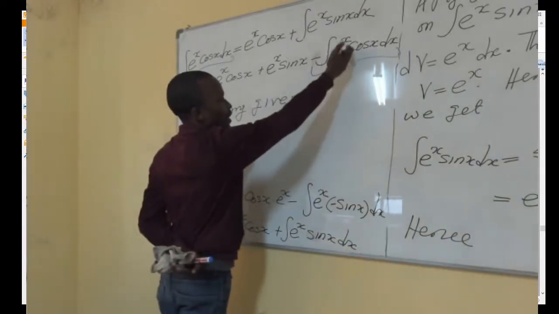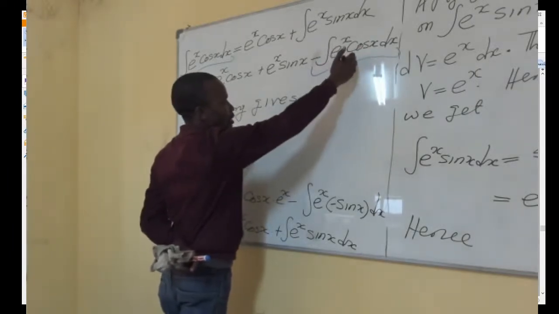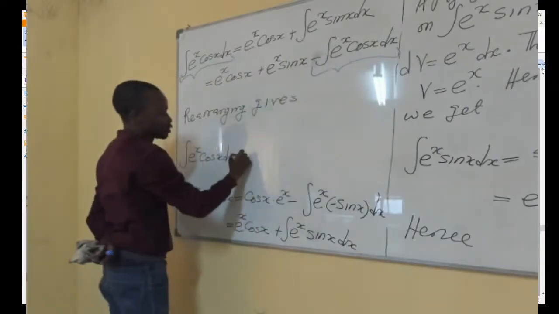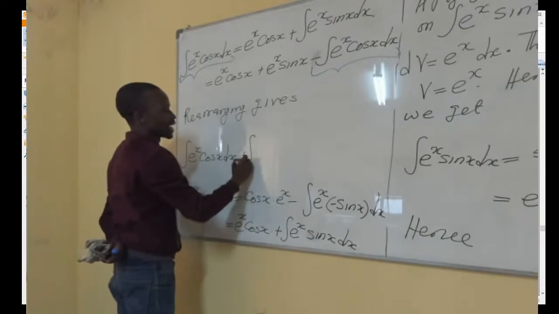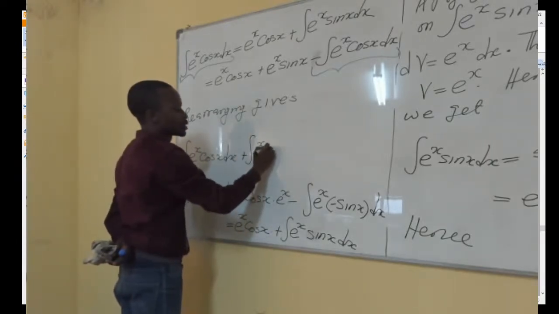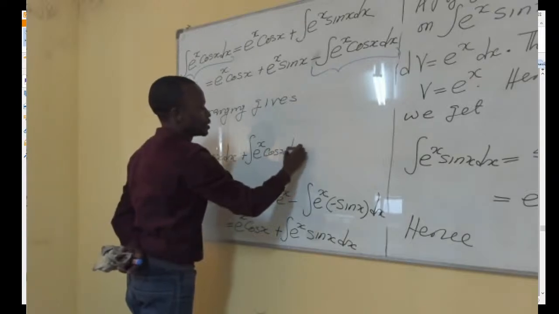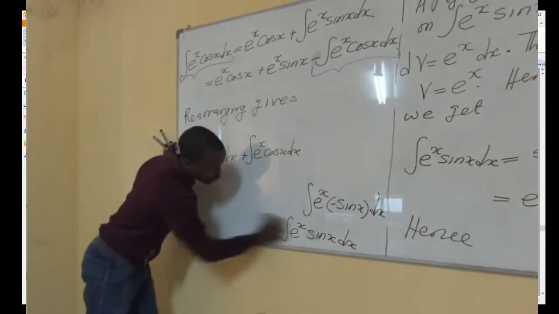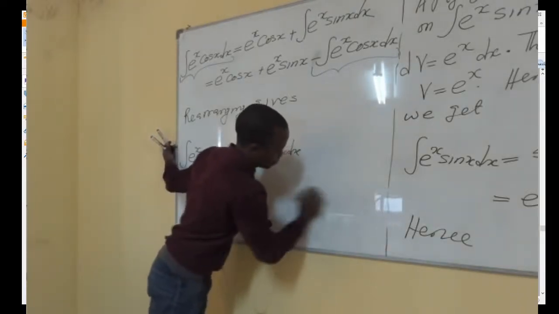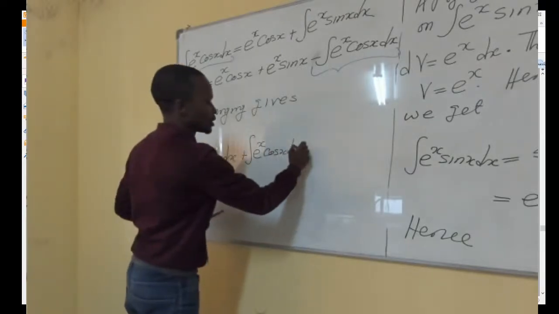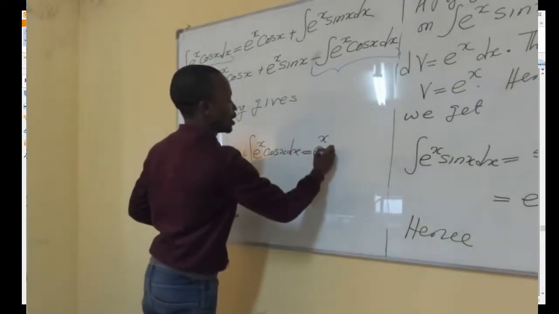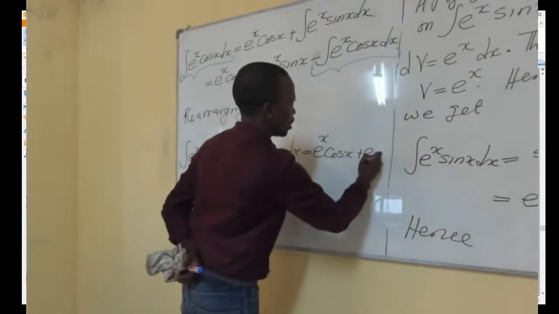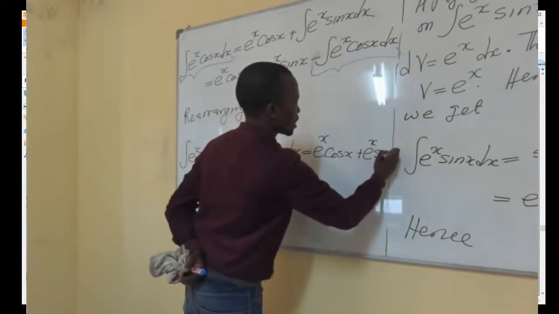The integral of e power x cos x dx will go on the left, we add it to both sides so that we can get rid of that, plus another integral of e power x cosine of x dx. Then on the right hand side, we are going to remain with e power x cos x plus e power x sin x.